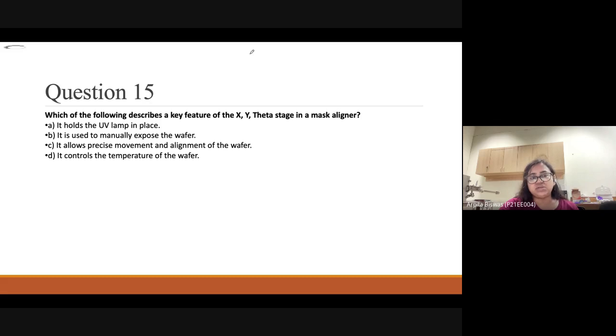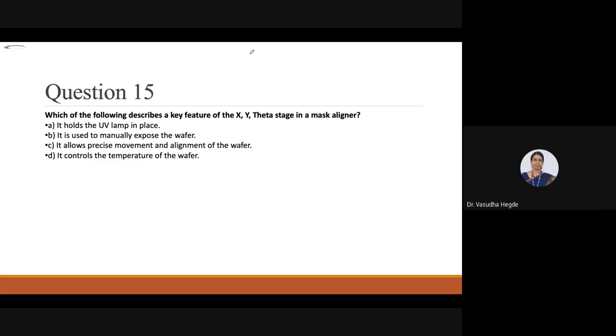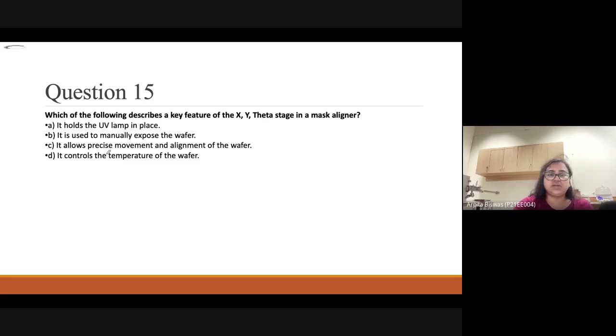And fourth, it controls the temperature of the wafer. C, it allows the precise movement and alignment of the wafer. Yes, the right option is option C.